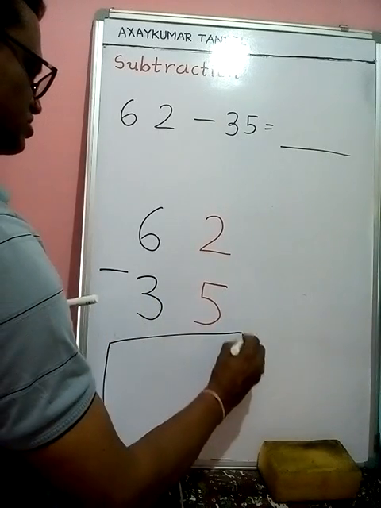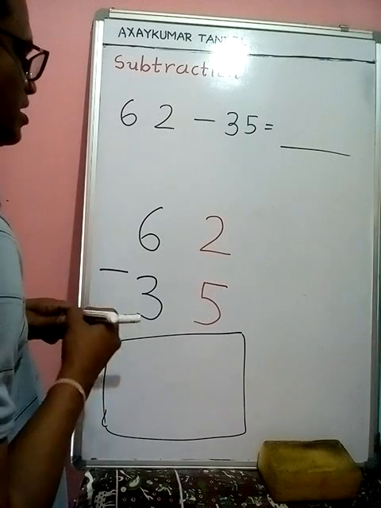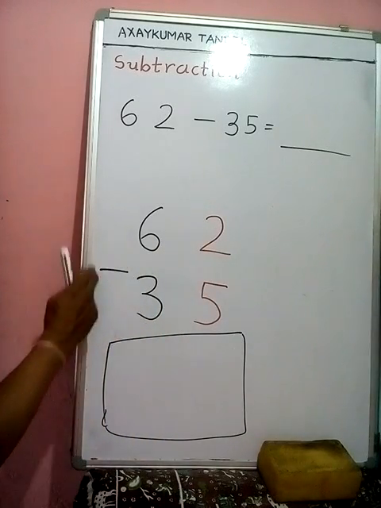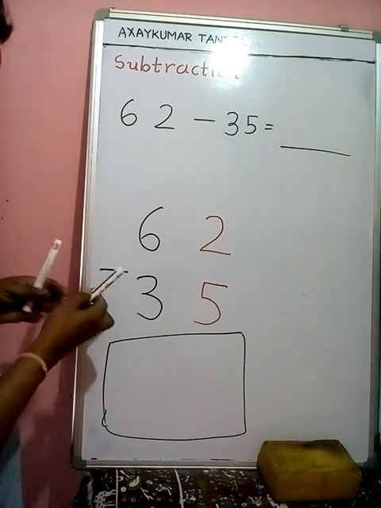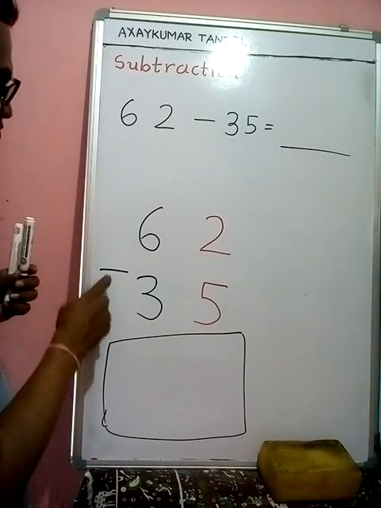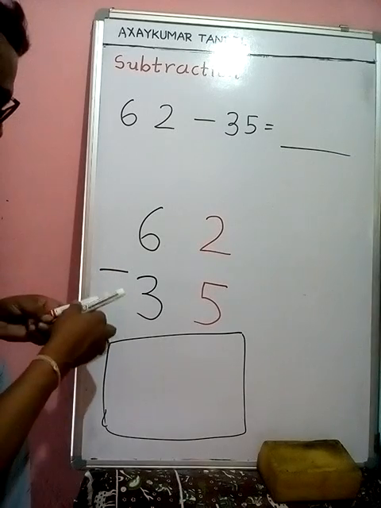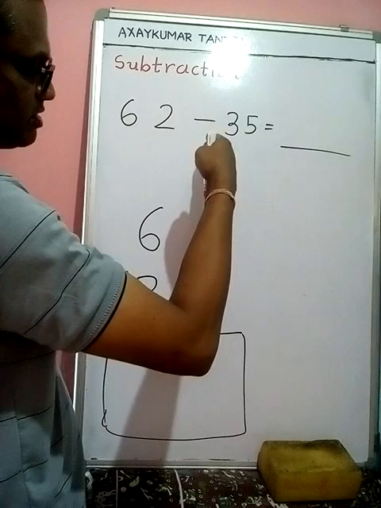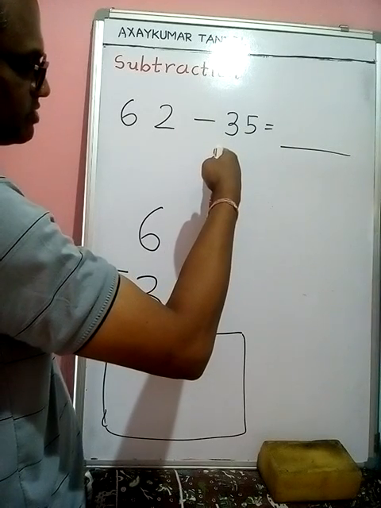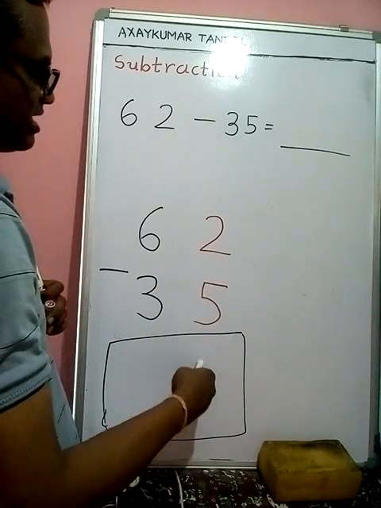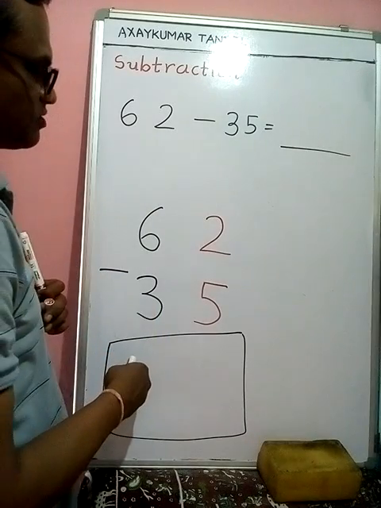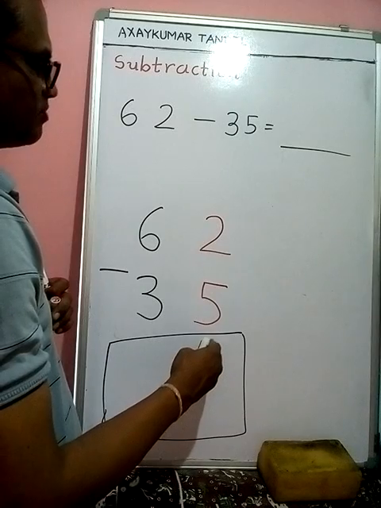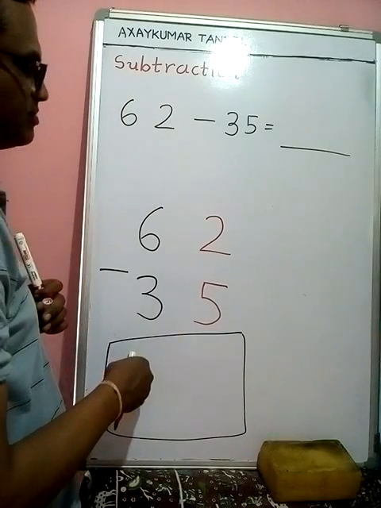The result for the box, how many? We draw first two lines. Here is the subtraction example. First we see here. We do subtraction first in the units line, then after that the tens column. First we subtract the units column. After it is complete, we subtract the tens column.